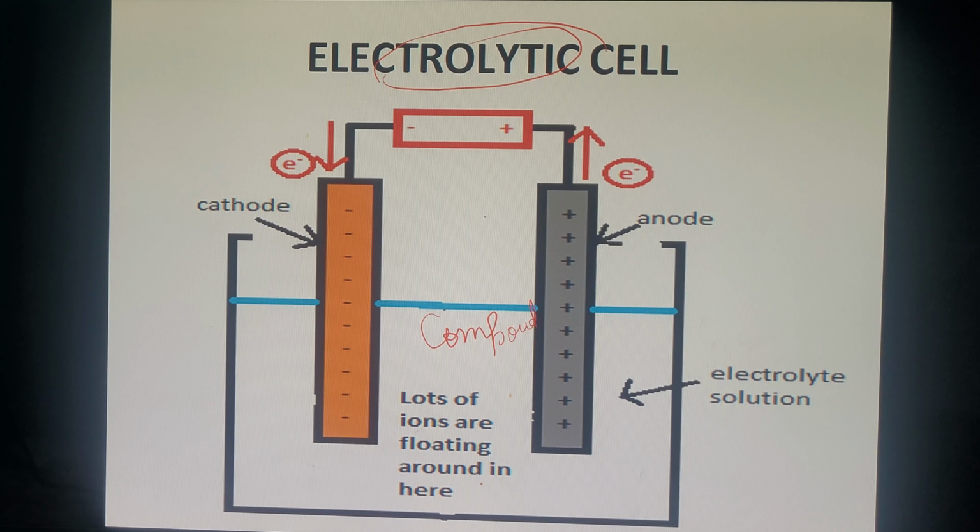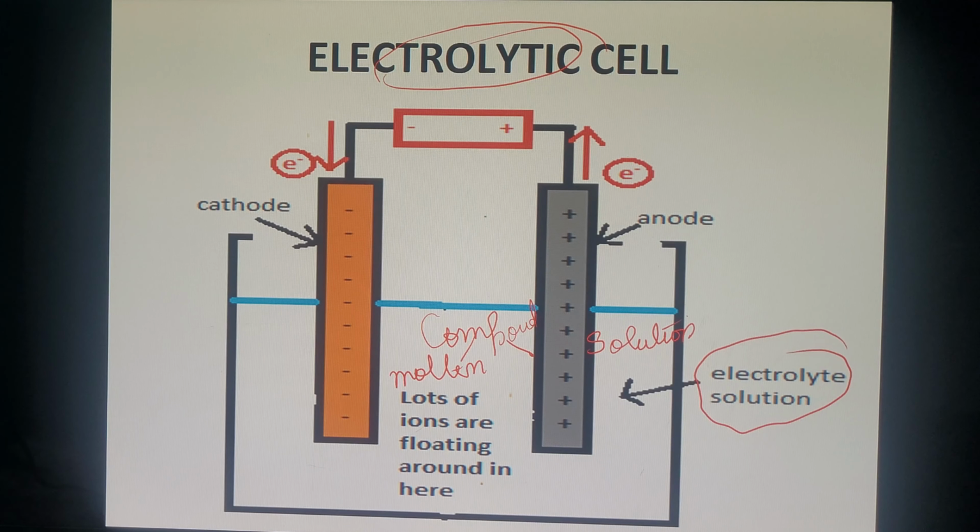But the condition is, whichever compound I am selecting for electrolysis should be either in the molten state or in the solution state. In solid state, I will never be able to do electrolysis. So this becomes my electrolytic solution, either in the molten state or in the solution state.